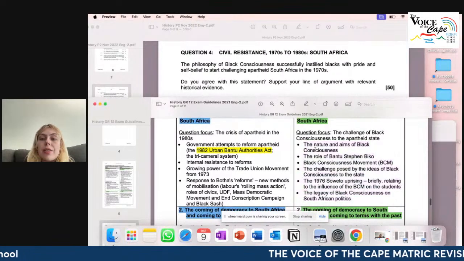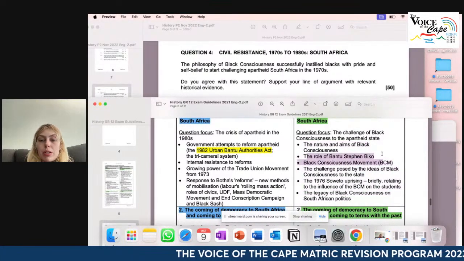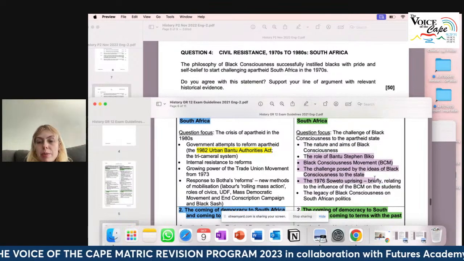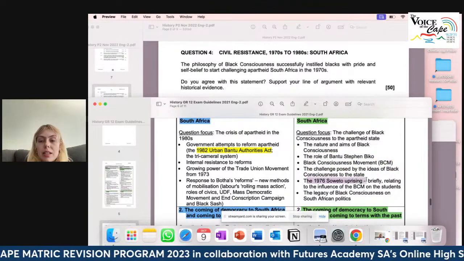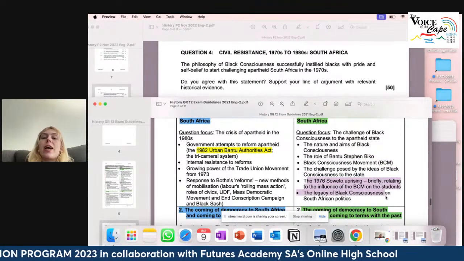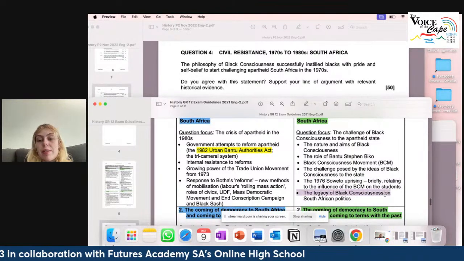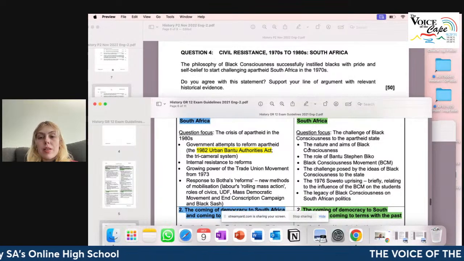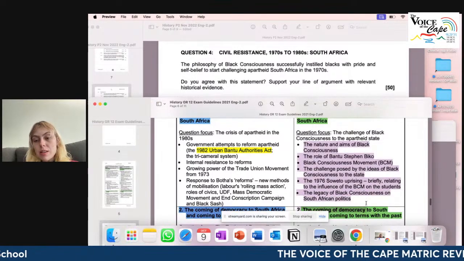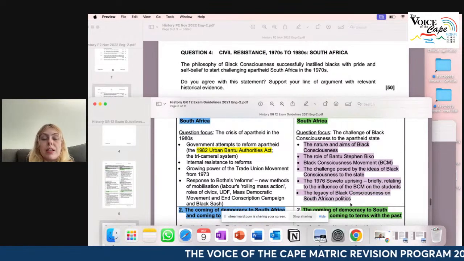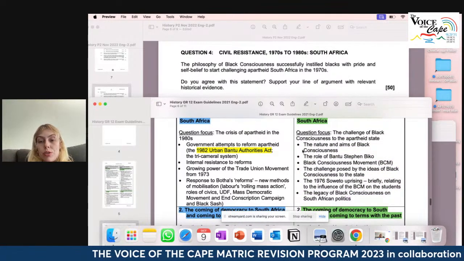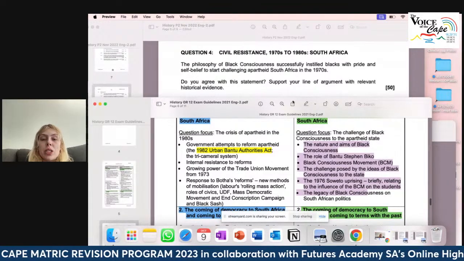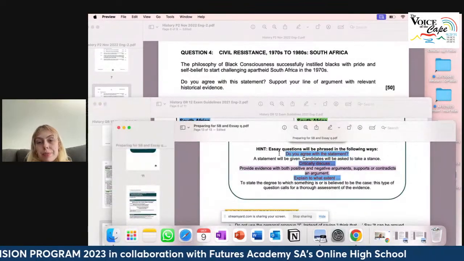The nature and aims of Black consciousness, the role of Steve Biko, the Black consciousness movements, the challenges posed by the ideas of Black consciousness to the state, the 1976 Soweto uprising briefly, and then the legacy of Black consciousness in South African politics. Throughout all the memos for the various essay questions, they all touch on all of these things. It's just how you present it in terms of an argument, because you use this as evidence for your argument that either yes, it did instill Black people with pride and self-belief, or no, it didn't.